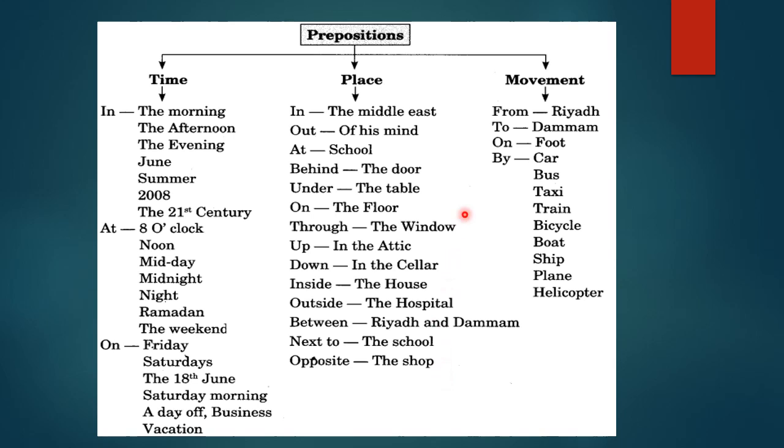Moving next, movement: from Riyadh to Daman, on foot, by car, bus, taxi, train, bicycle, boat, ship, plane, helicopter. Clear? So please read this chart at least 5 times so that you memorize where preposition of time, place, movement is used. Is this clear to everyone? And I hope everybody will read this 5 times. Clear? Moving next.